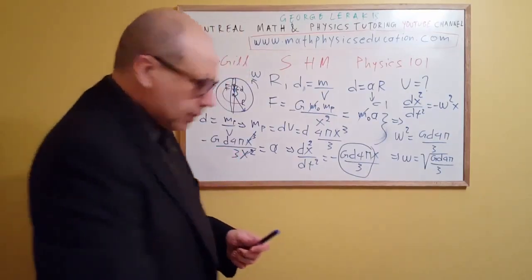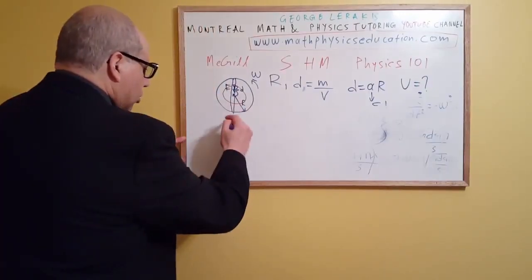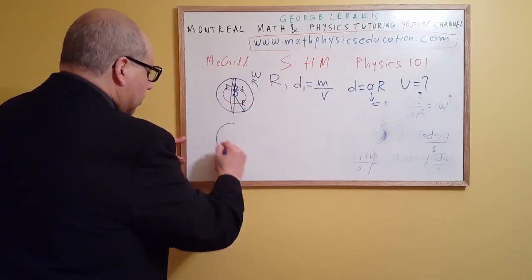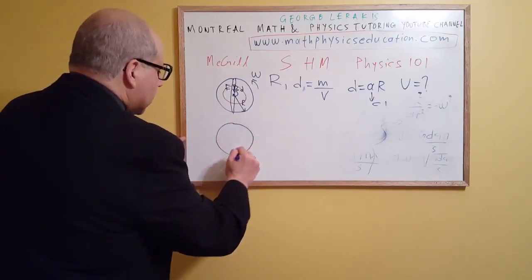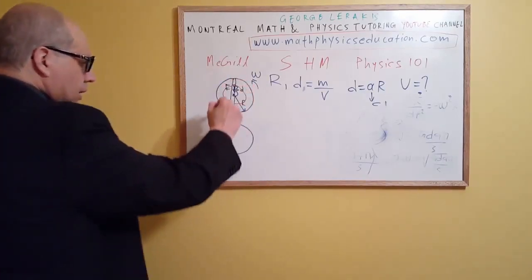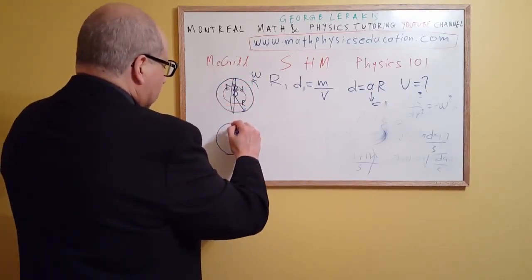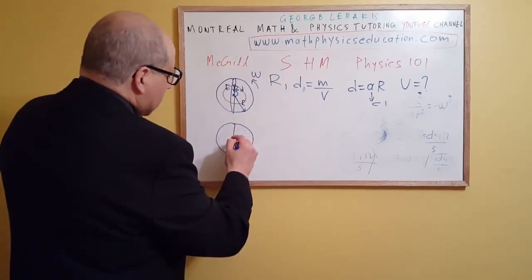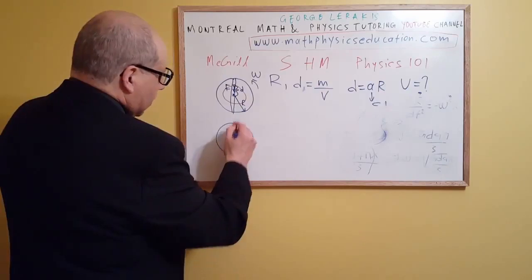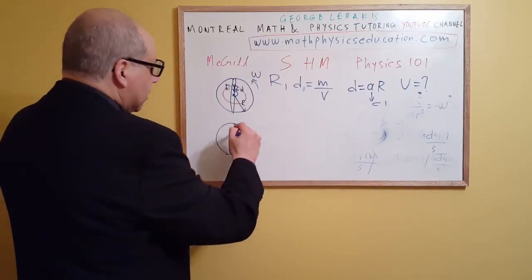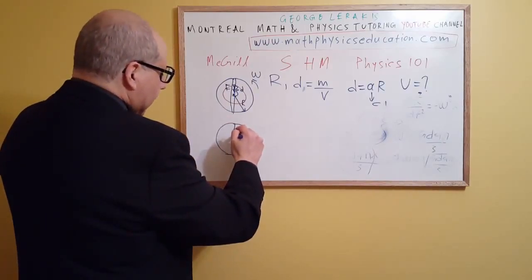So now let's erase and redo the diagram of the planet here to show you something. This is the center of the planet, and here is the message, and let's say that this distance here is x.